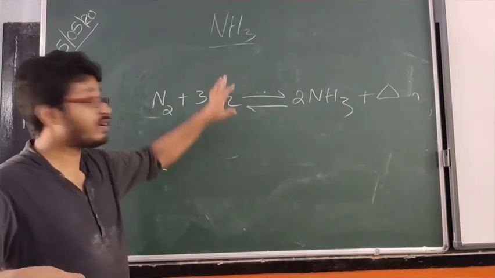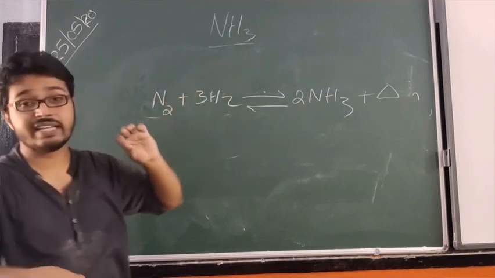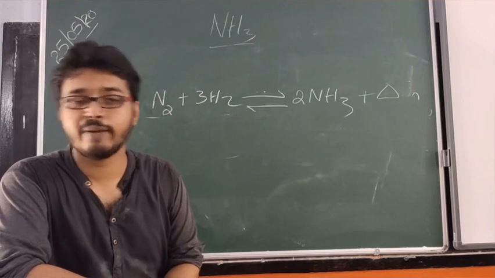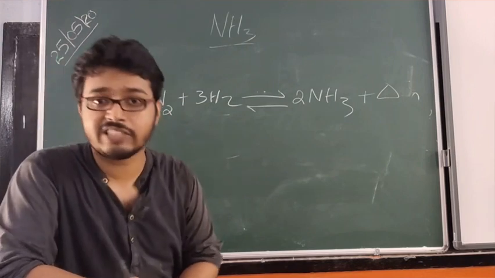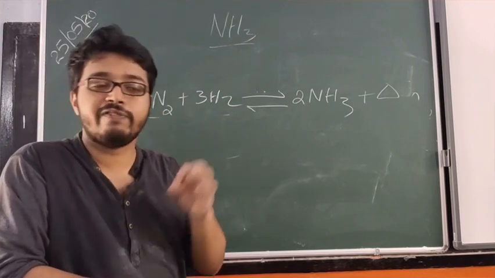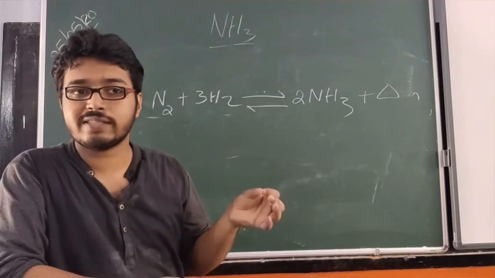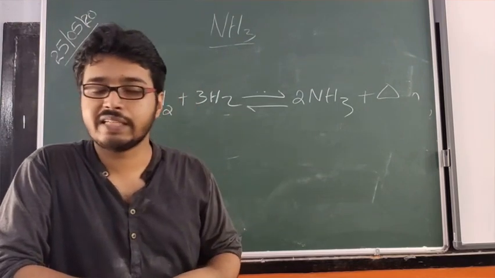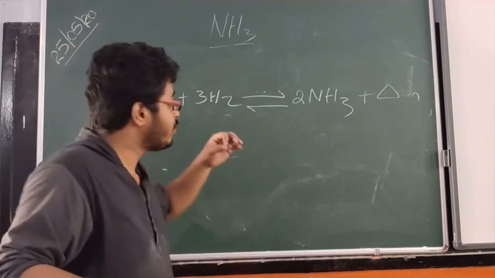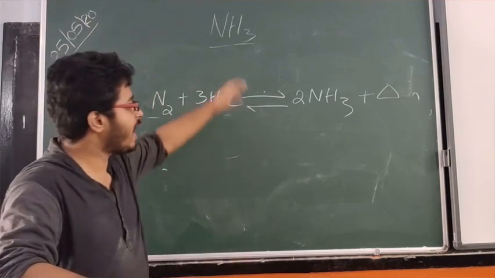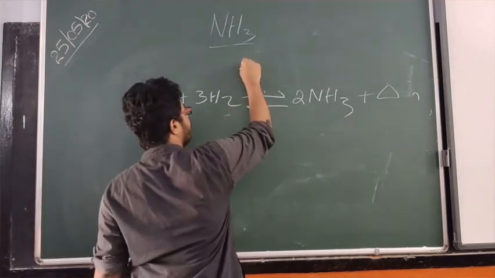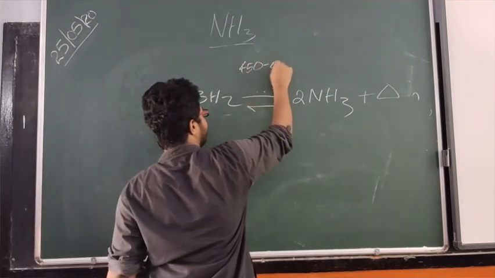So what is missing? They are not asking how to produce ammonia from nitrogen and hydrogen. They are asking for the reaction of the Haber process. If the question is about the chemical reaction taking place in the Haber process, you are supposed to write all the conditions above and below that arrow. That is temperature 450 to 500 degrees Celsius.